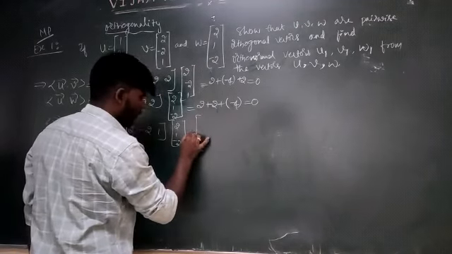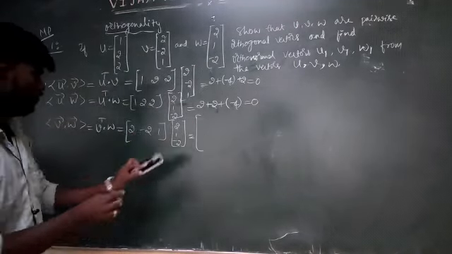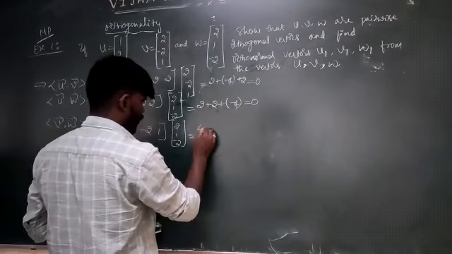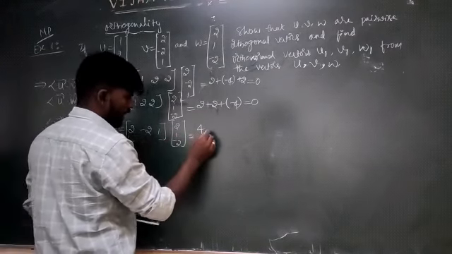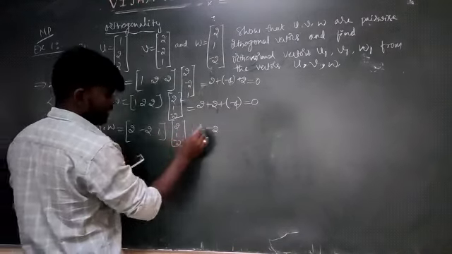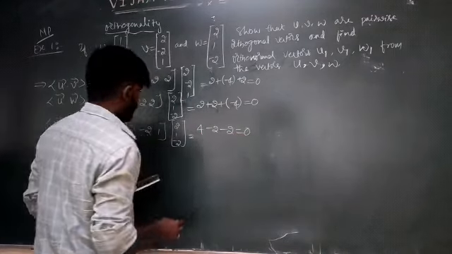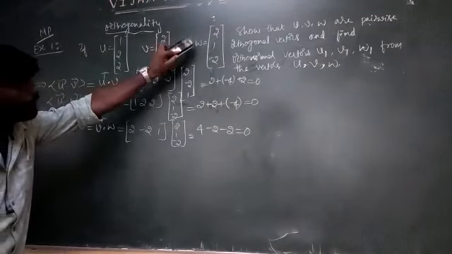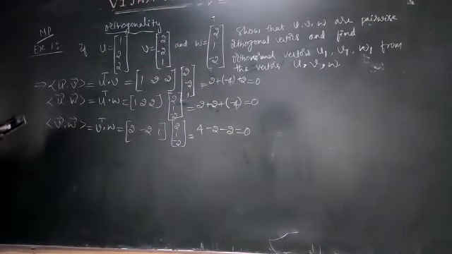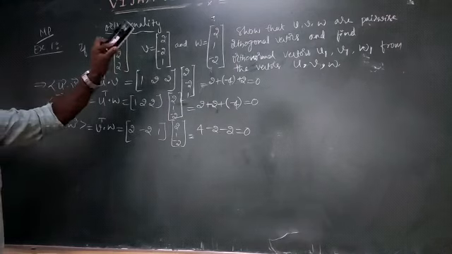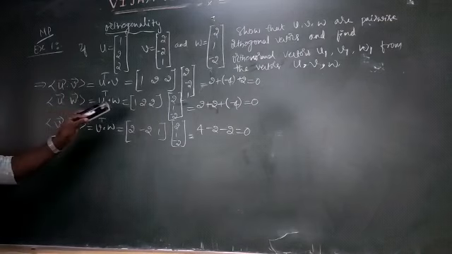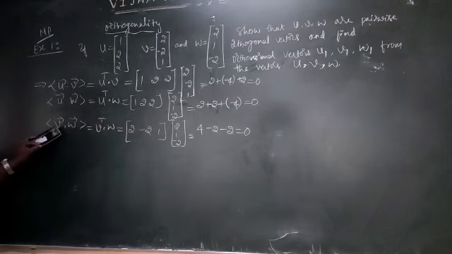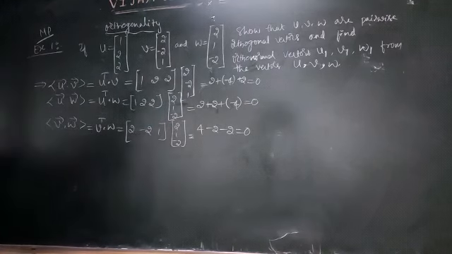The dot product is 2 into 2, which is 4, plus -2 into 1, which is -2, plus 1 into -2, which is -2, which equals 0. Therefore u, v, w are pairwise orthogonal, since their inner products are 0. u and v are orthogonal to each other, u and w are orthogonal to each other, and v and w are orthogonal to each other.